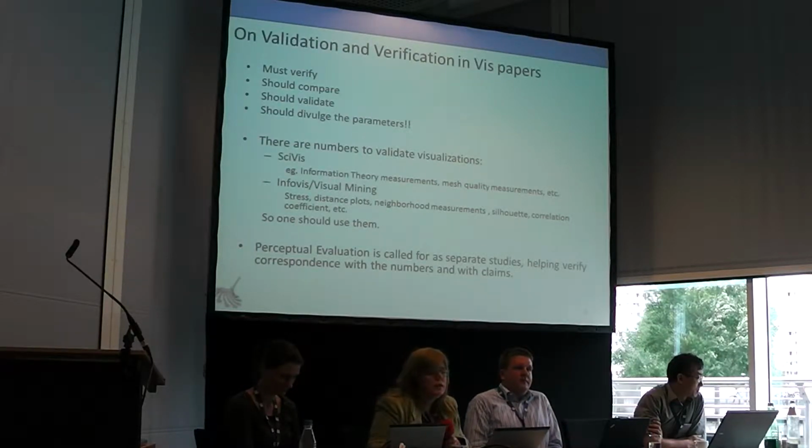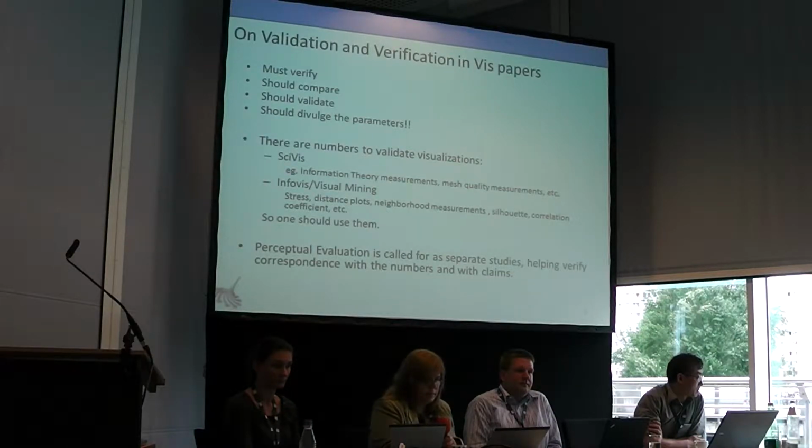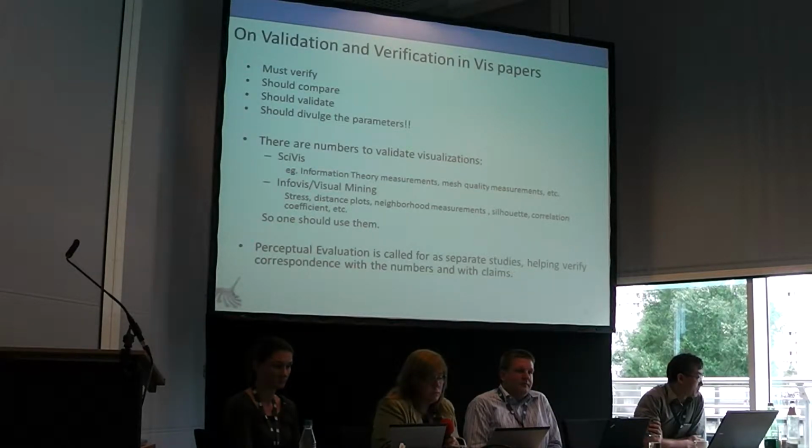Many other numbers are around that help identify what the visualization is doing with your data and how to compare with the data itself. So it might be a nice idea to take a look at them and use them.